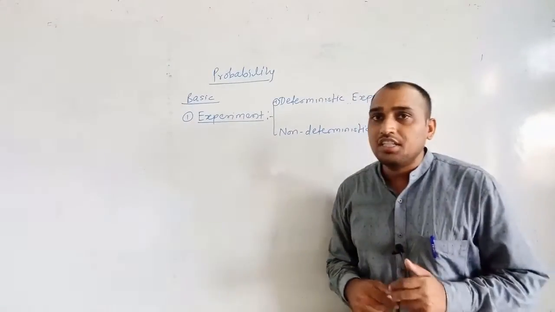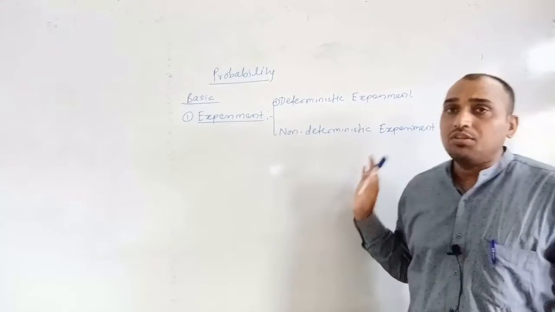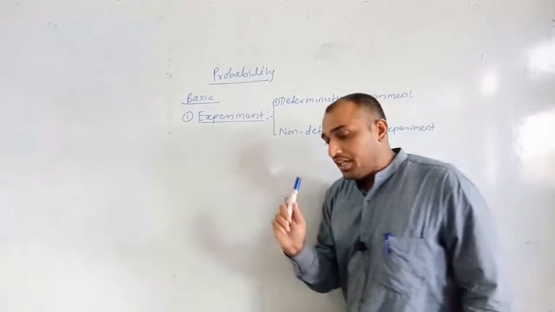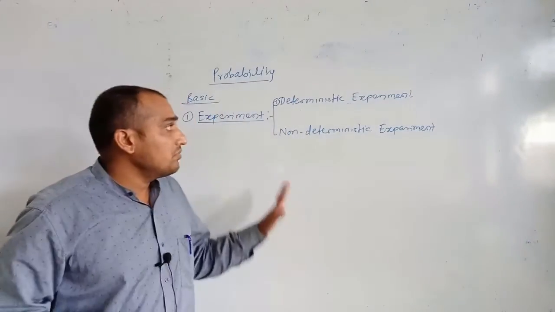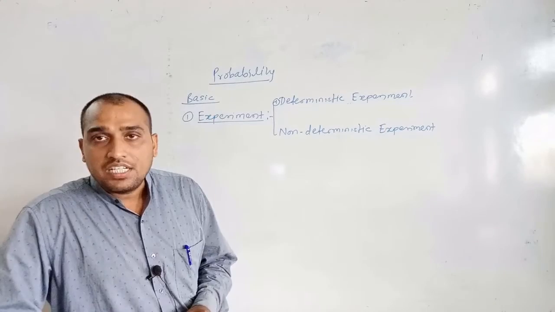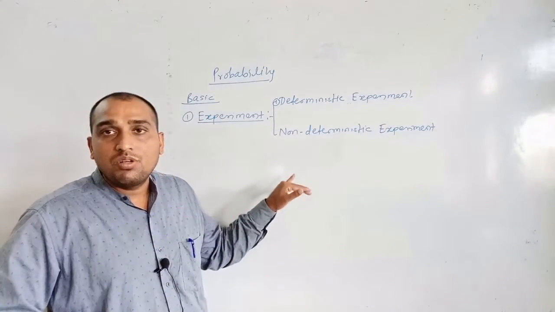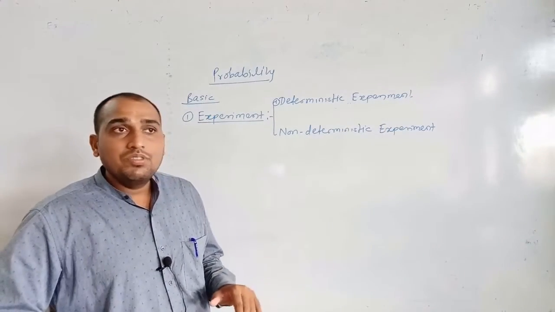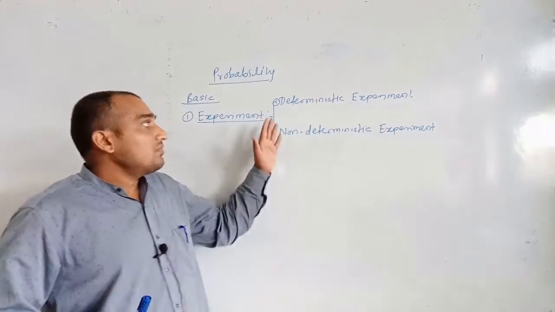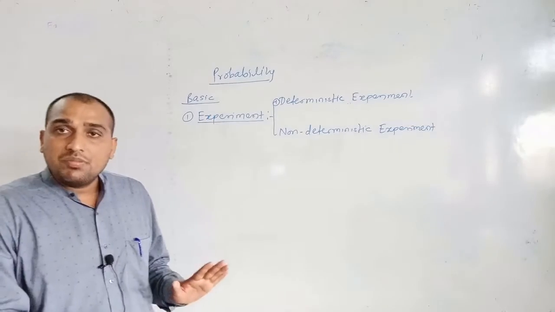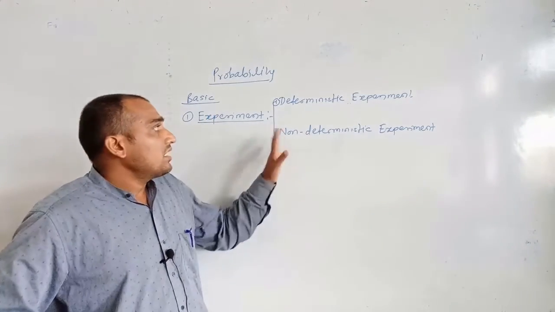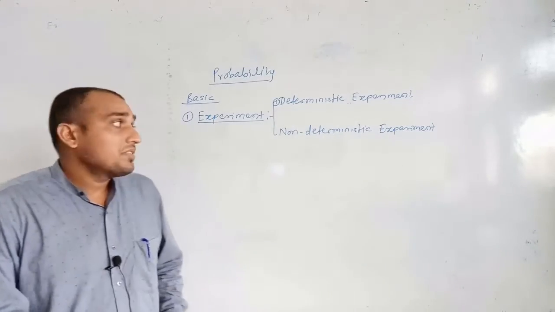Deterministic experiments are experiments having a unique outcome. Only one outcome is there and we can predict the outcome. For example, if I throw a ball in the sky, what is my outcome? It falls down. We already know that when we throw a ball, the outcome is that it falls down. So this is a deterministic experiment. We can determine or guess what our outcome is.